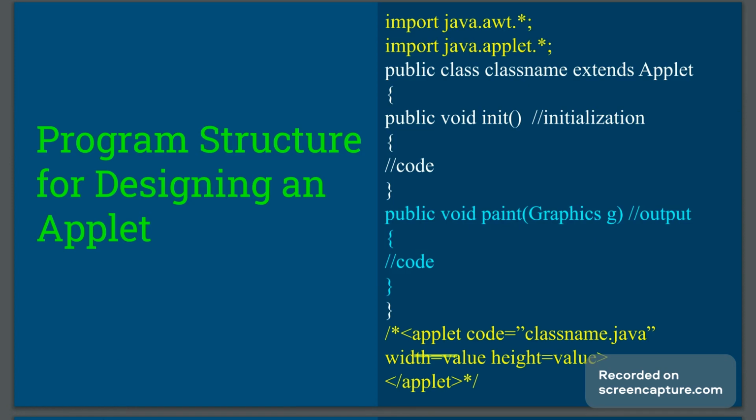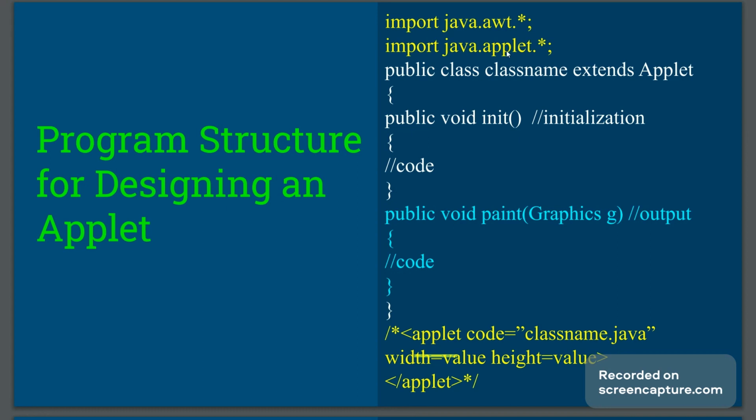Now we will see the basic program structure for designing an applet. As I said, for designing an applet, we need to import two packages, that is java.awt and java.applet, where the a of applet package is small.